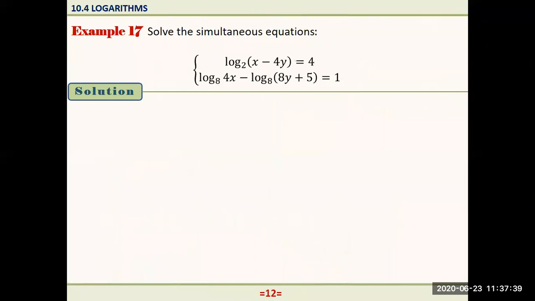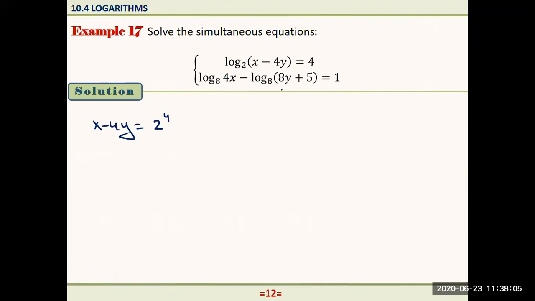Okay, guys, the last example, solving a system of logarithmic equations. Here we have two equations. They involve logarithms, so again we need to simplify them and convert them into exponential form. The first one: x minus 4y is equal to 2 to the power 4, just using the definition.